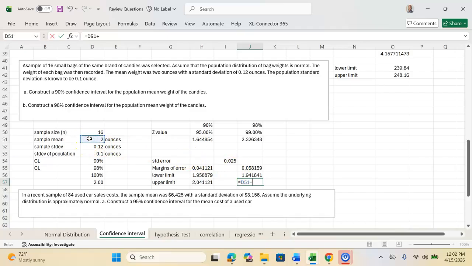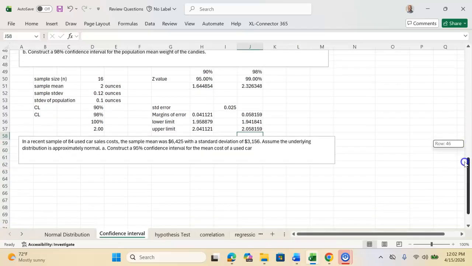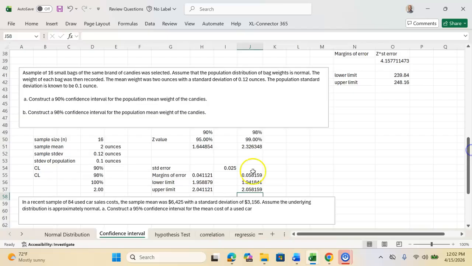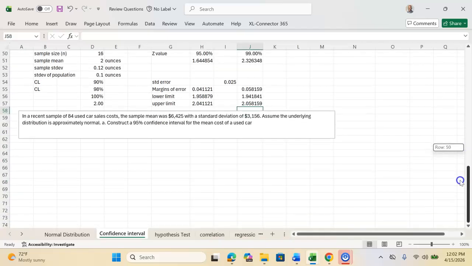In this, we are going to add margins of error, which is that value, and enter. So we have lower limits and upper limits for A and B. So you can see I just worked on those two questions together, and we have those answers.